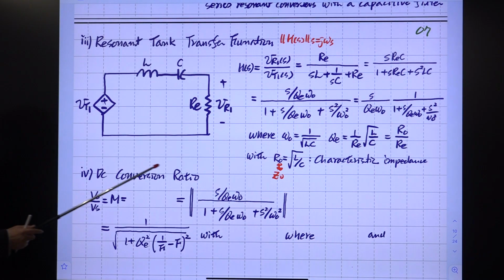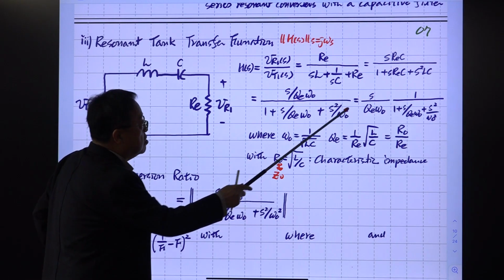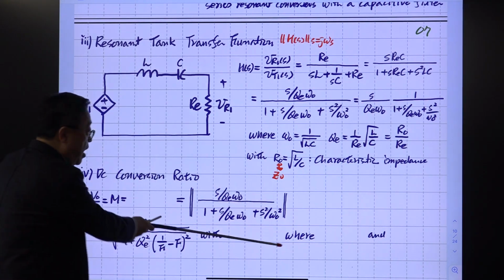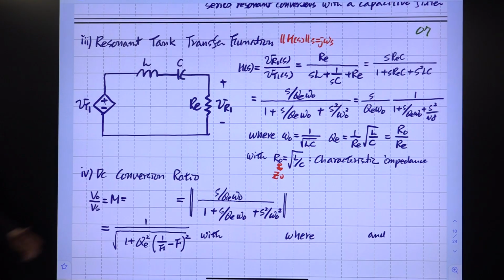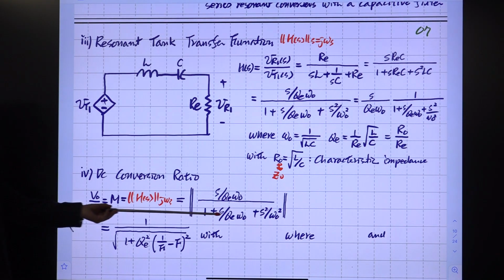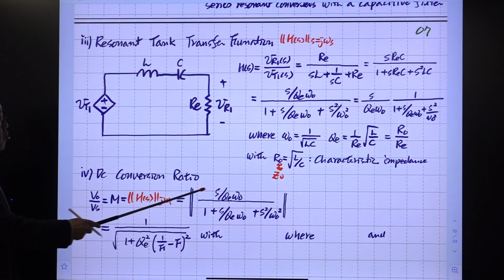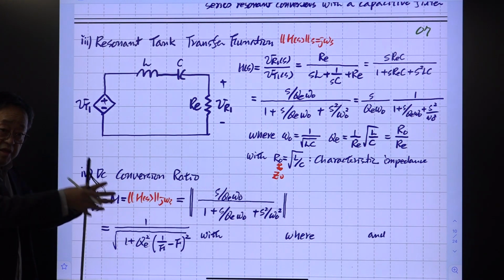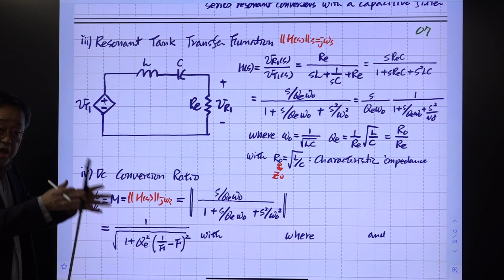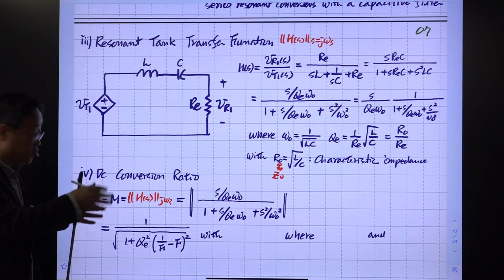And you put j omega here, and evaluate this and get the magnitude of that function. H(s) evaluated at j omega s becomes this one, this quadratic equation. Okay, so the magnitude of this: put j omega here and get the real part, then the imaginary part, and square each of them and put them in the 1 over square root of something.